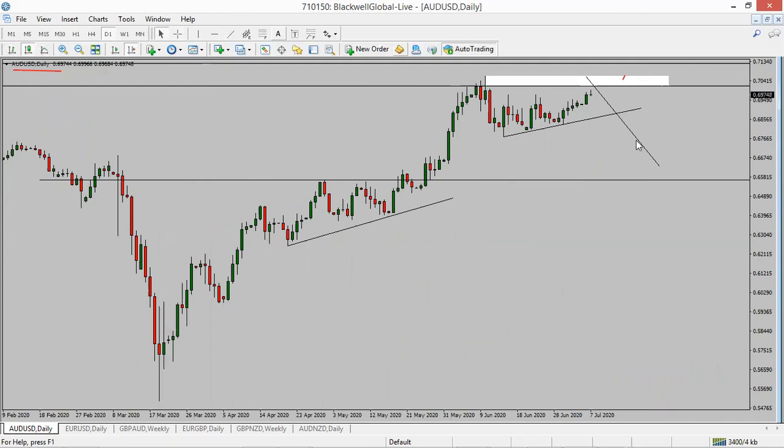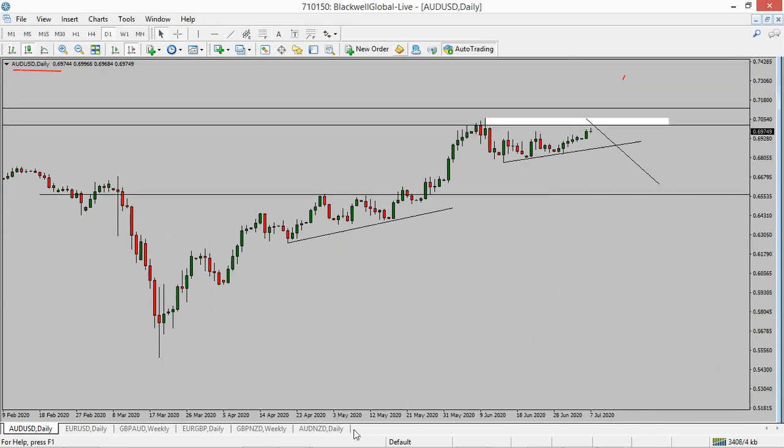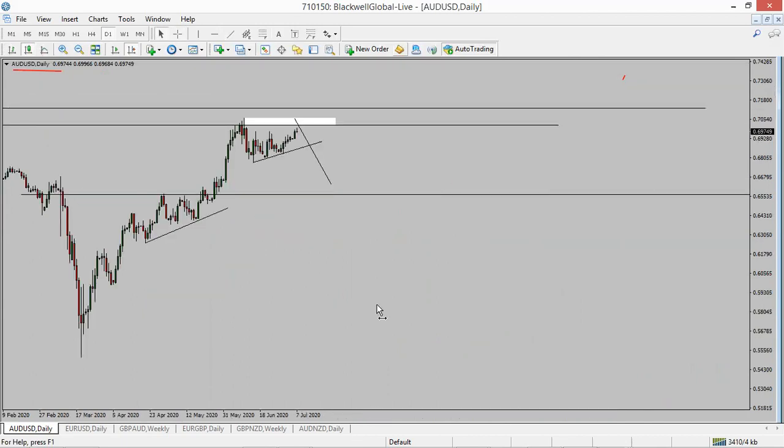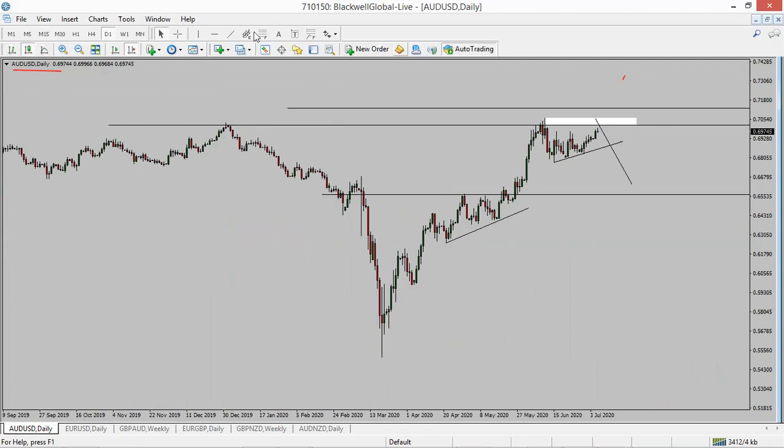So I'll be looking for weakness around here, at these levels. You can go back and just watch the videos to get a good idea of what's happening. So the same levels from last week, weakness around here to see if a short opportunity can happen.